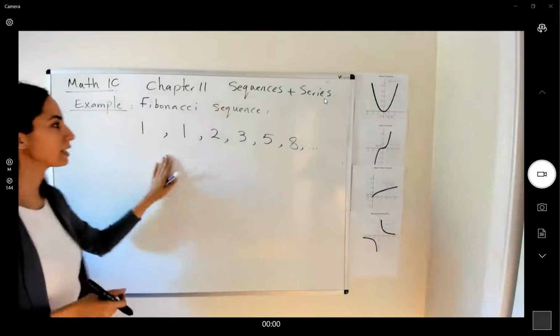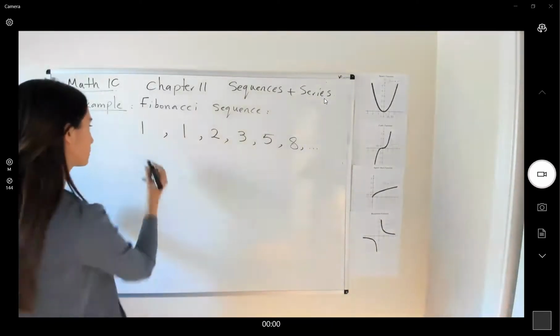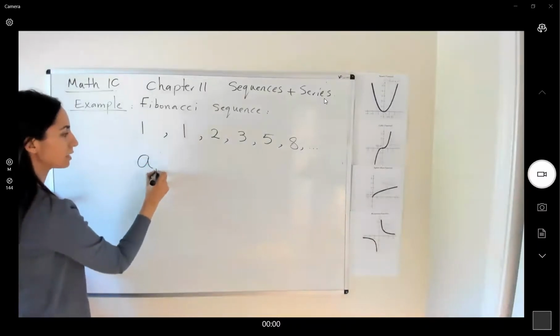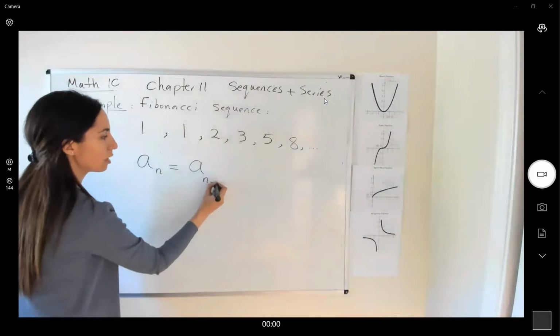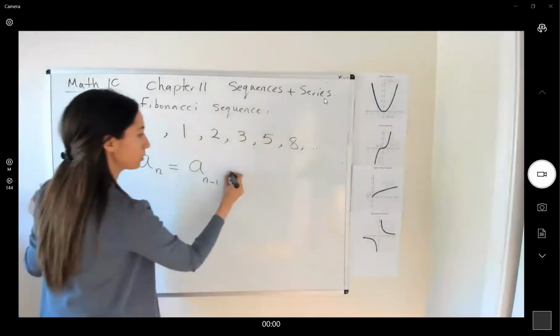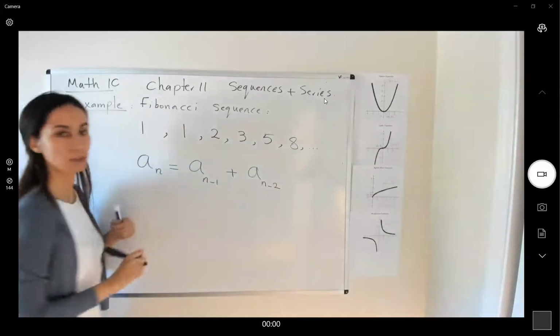So we see that we can define this sequence recursively this way. We say that a sub n is equal to a sub n minus 1 plus a sub n minus 2.